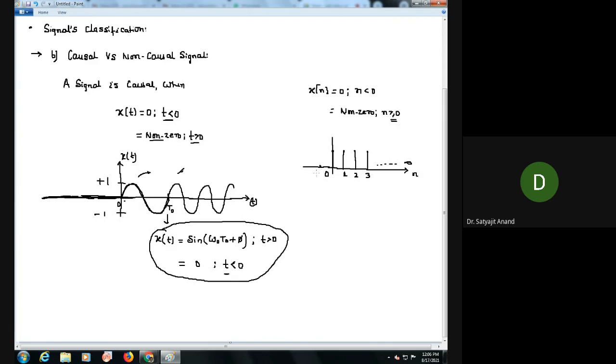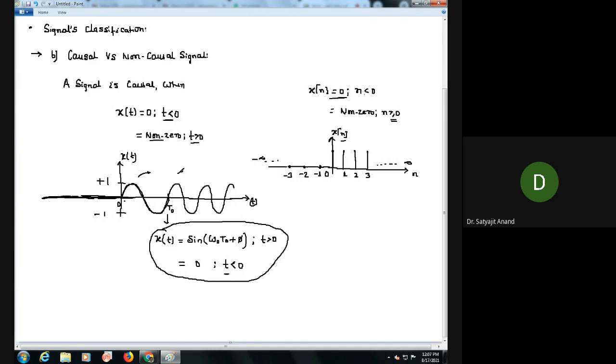And for negative n, n equal to -1, magnitude 0. I'm sorry, I'm using the word magnitude. It should be amplitude. N equal to -2, amplitude 0. N equal to -3, amplitude 0. So this way it goes up to minus infinity. So from minus infinity to plus infinity, you see that this is satisfying this condition.